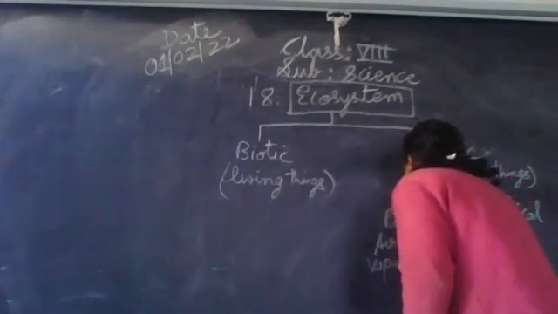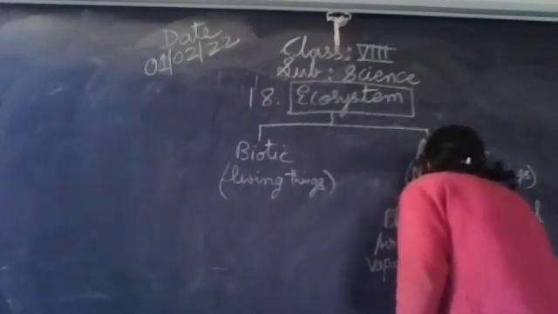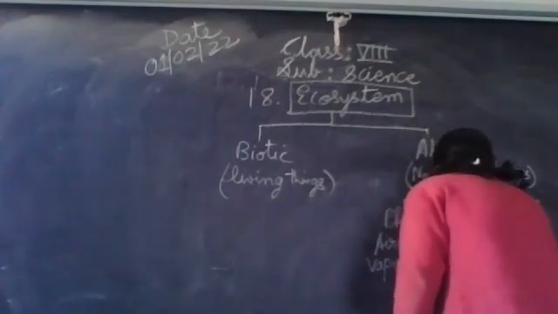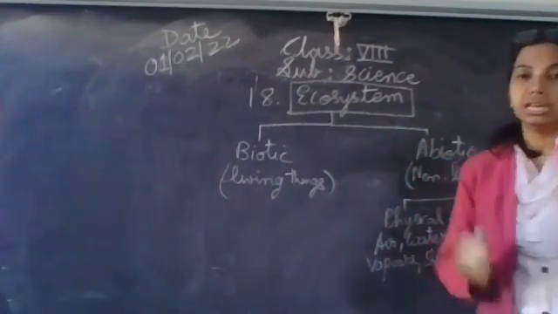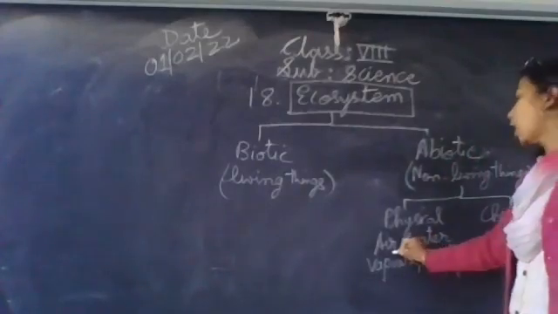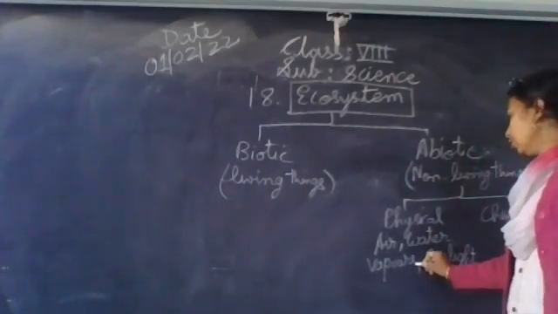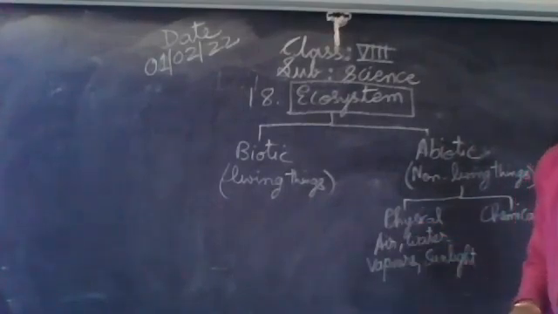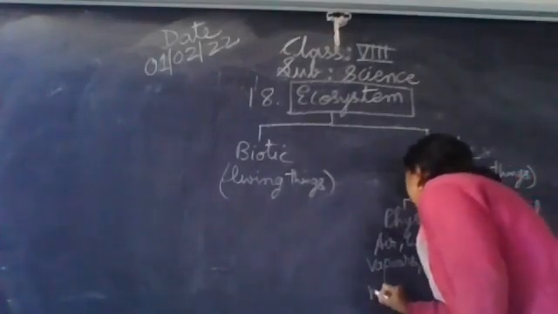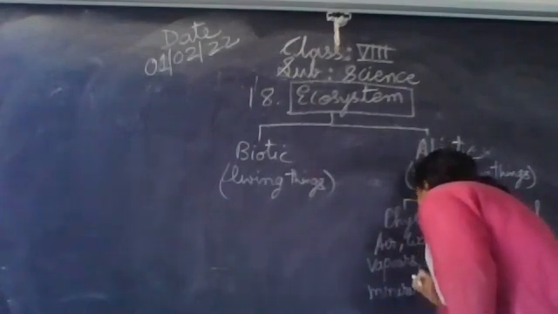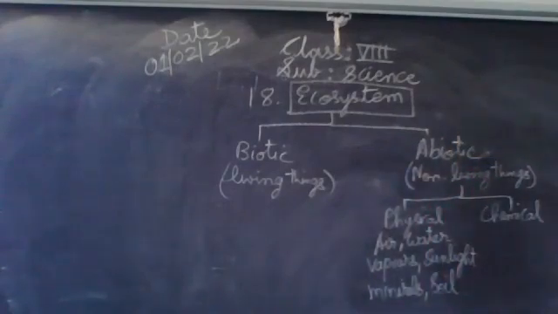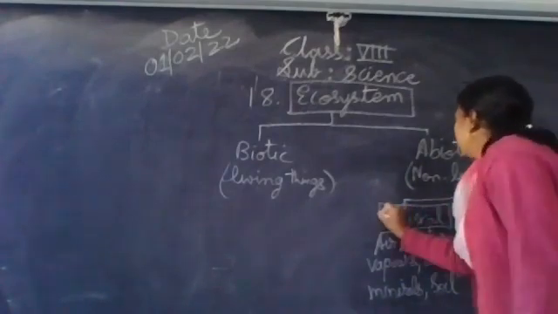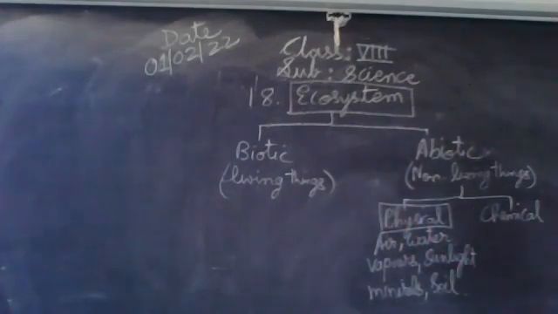You can see these all factors are necessary for our survival. Living beings cannot survive without air, water vapor, sunlight, or certain minerals and soil. We all cannot live without them. Though we are living things, we cannot live without these physical abiotic factors.